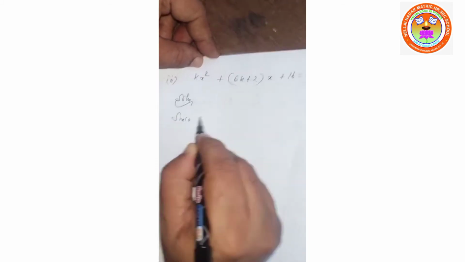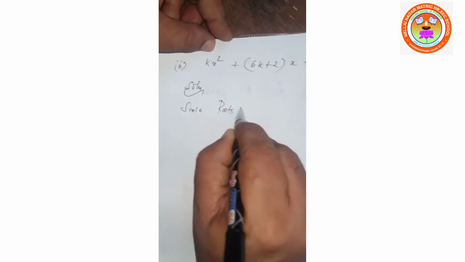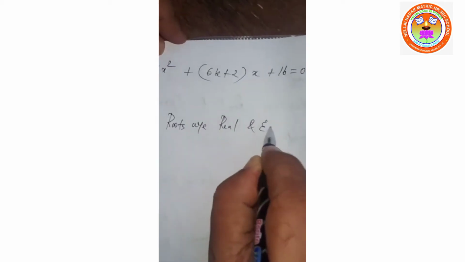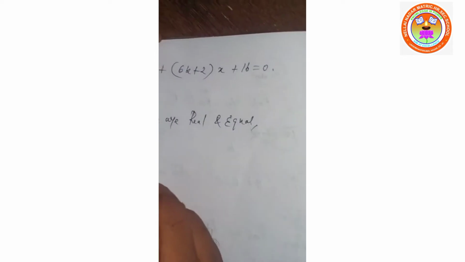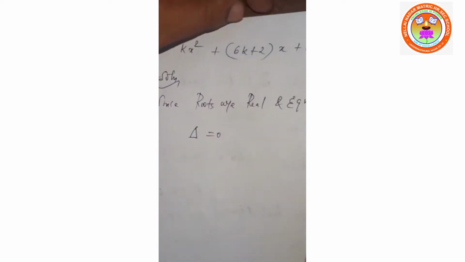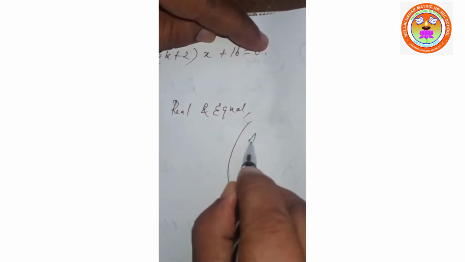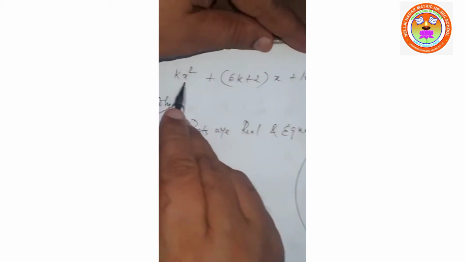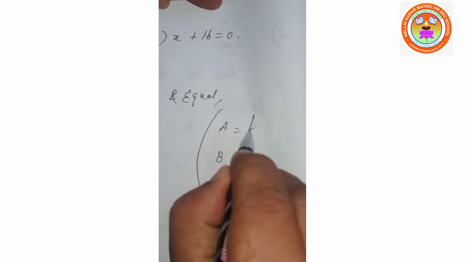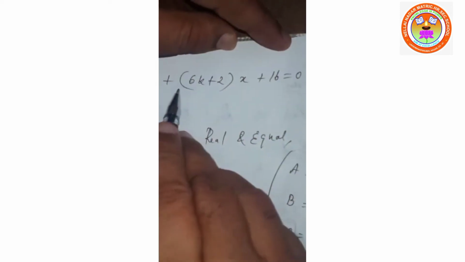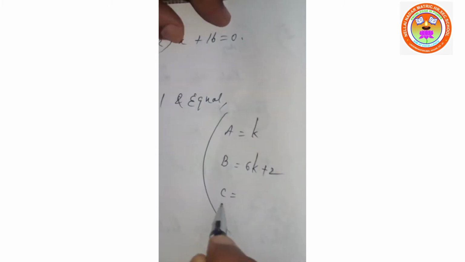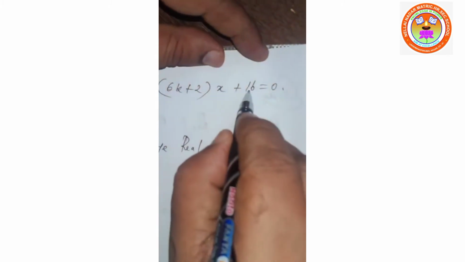Since roots are real and equal, delta is equal to 0. Write capital A, B and C. A is the coefficient of x squared, that is k only. B is the coefficient of x, that is 6k plus 2. And constant C is 16.